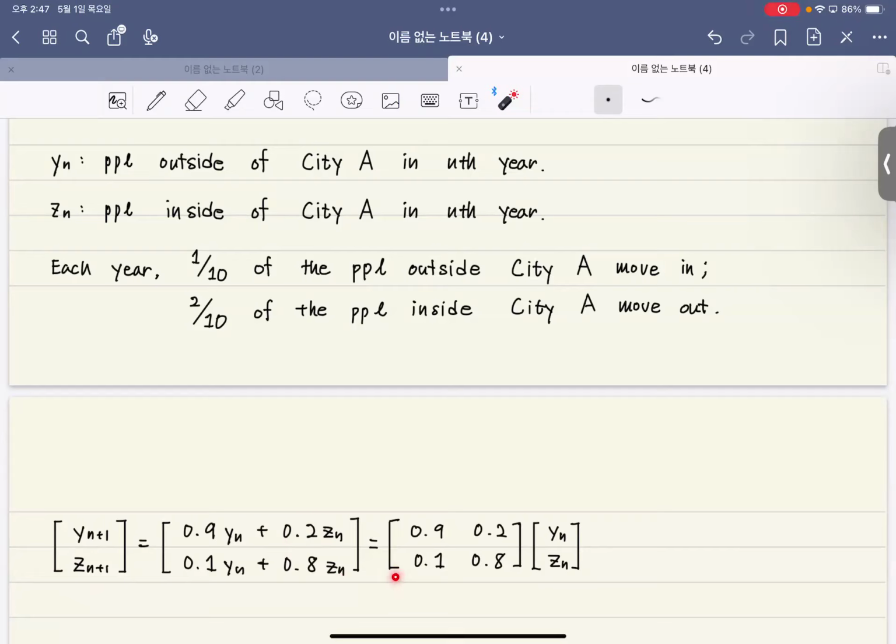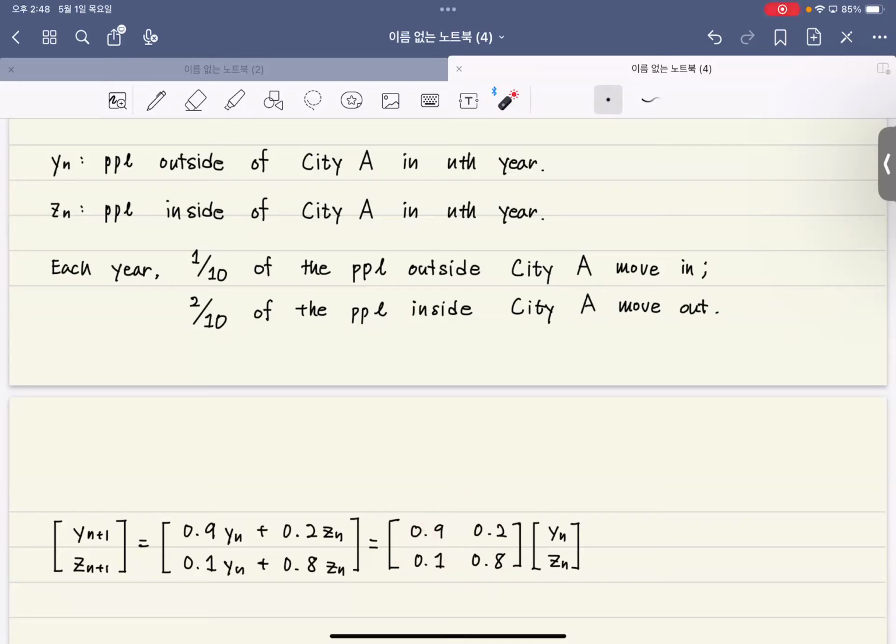Translating everything into the language of matrices, I can compactify the expression like this. This matrix is called the Markov matrix. There is a very interesting property in this. First, every entry in this matrix is non-negative, and the sum of the entries of every column is always equal to 1, right?